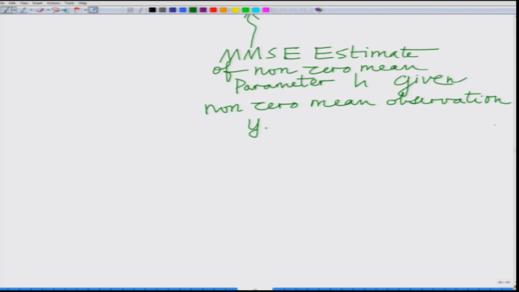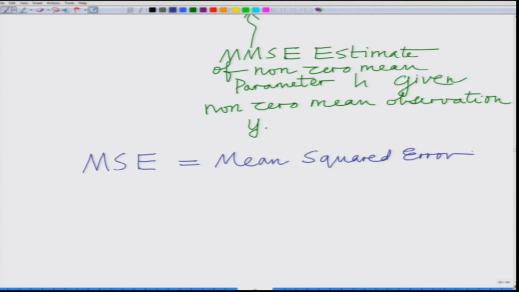Now, the variance, the MSE or the mean squared error, will be, remember previously we had the expression r h h minus r h tilde y tilde.